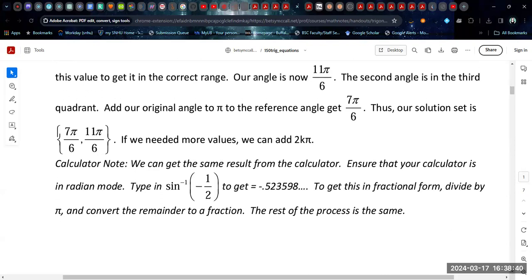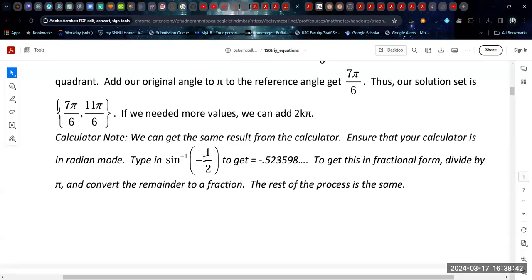Now, I have another video on doing tricks with your calculator to try to get your exact values out of your calculator. So for instance, if you do inverse sine of -1/2, you get this decimal.